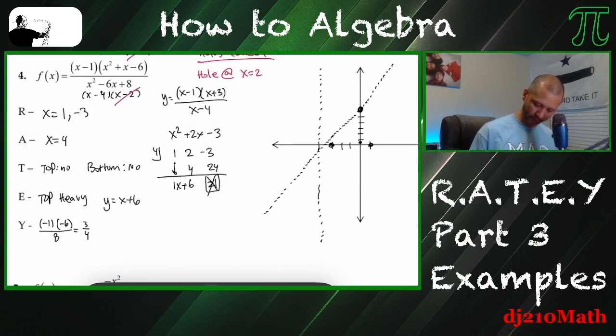So about right here. I feel like, let's see, 1, 2, 3, 4, 5, 6. I feel like the oblique asymptote is not correct.